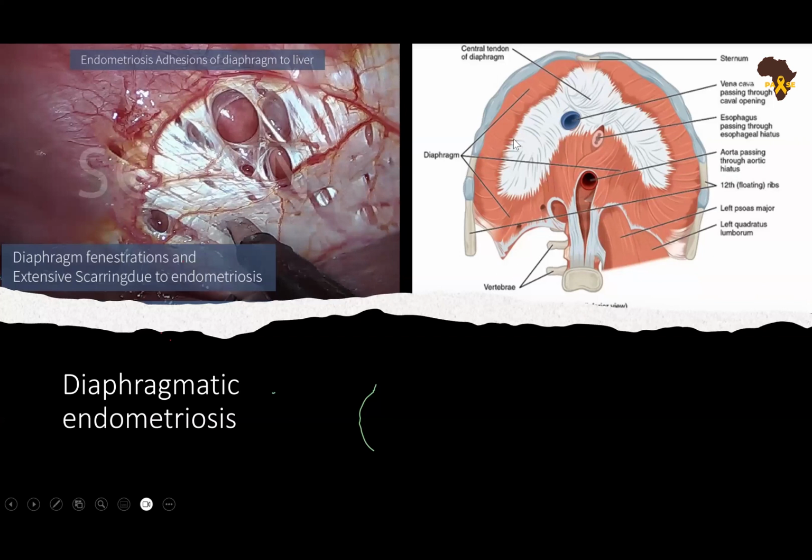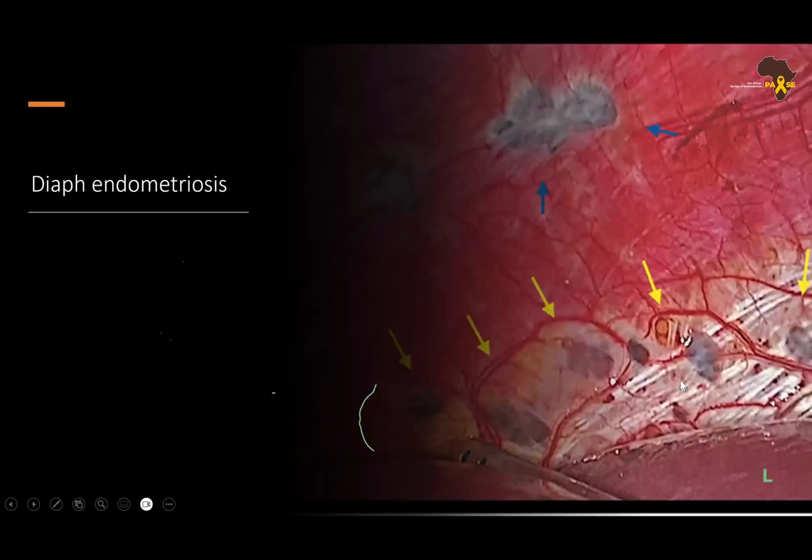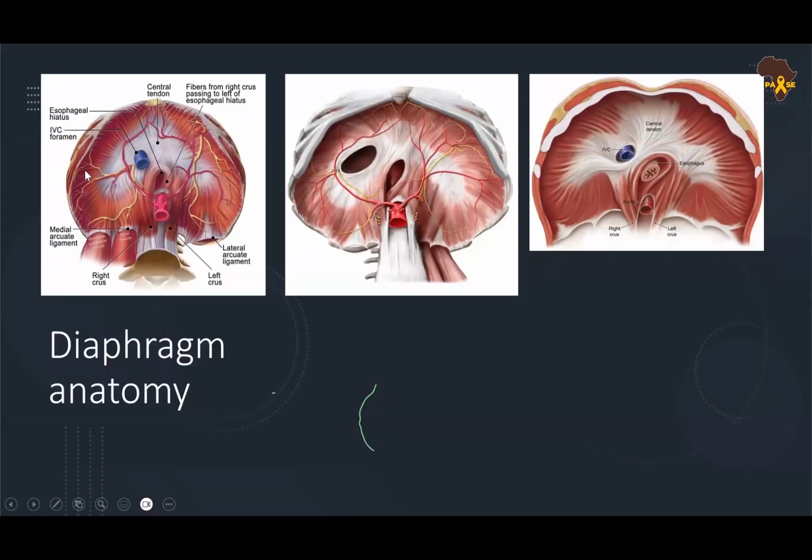The area of importance to us, for lesions like endometriosis, please stay obviously lateral, keeping in mind that the phrenic nerve is medial. The inferior vena cava foramen is medial on the central tendon of the diaphragm.